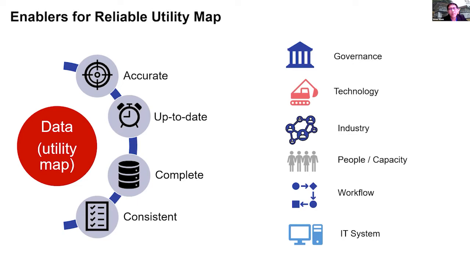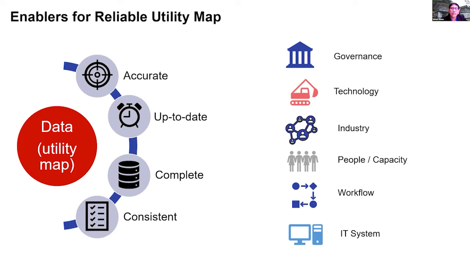And the enablers, to achieve this, we are looking at these 6 components. The governance, we believe that technology plays an important role. Industry, I think I will elaborate more later on of these components. The people as well as the capacity. And of course, we really believe that workflow is important.